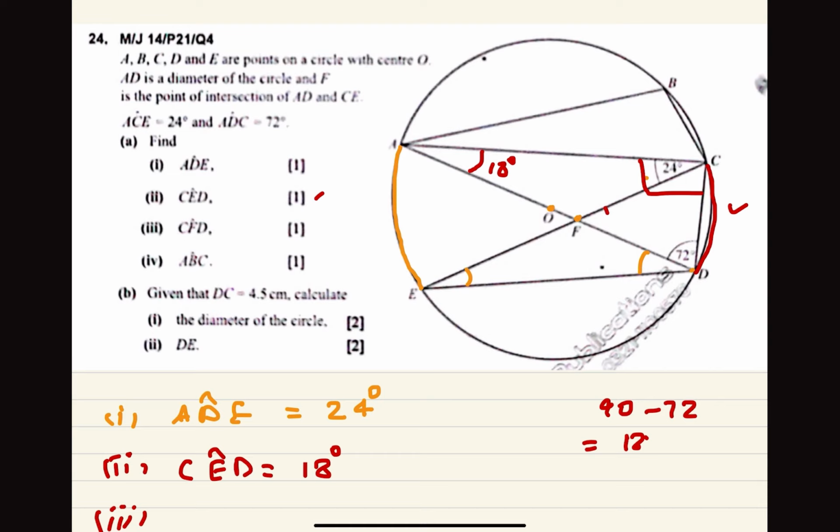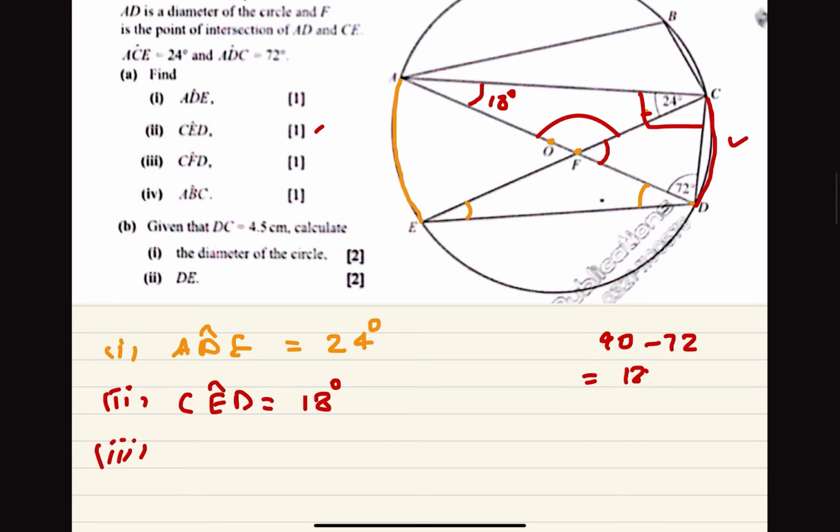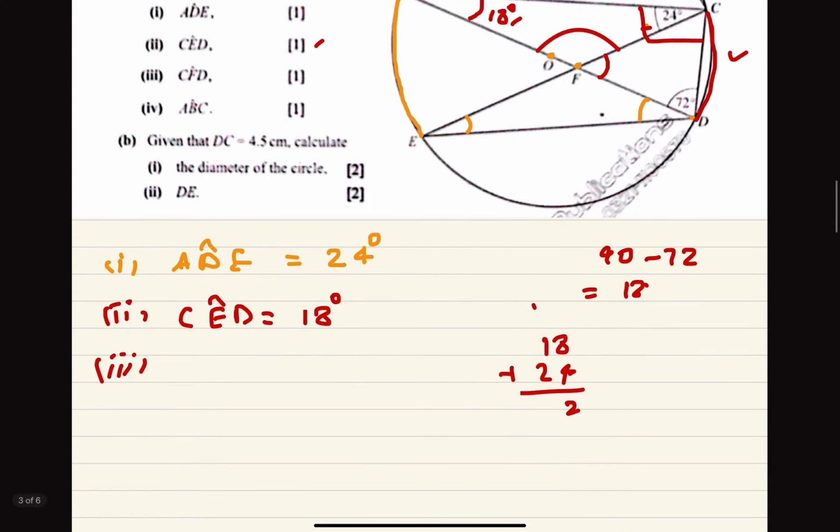CFD, this is what we need to find out. If you see, F is not the center. So how can we find this? We can find this angle by adding 24 and 18 and subtracting it from 180. So 18 plus 24 is 42.